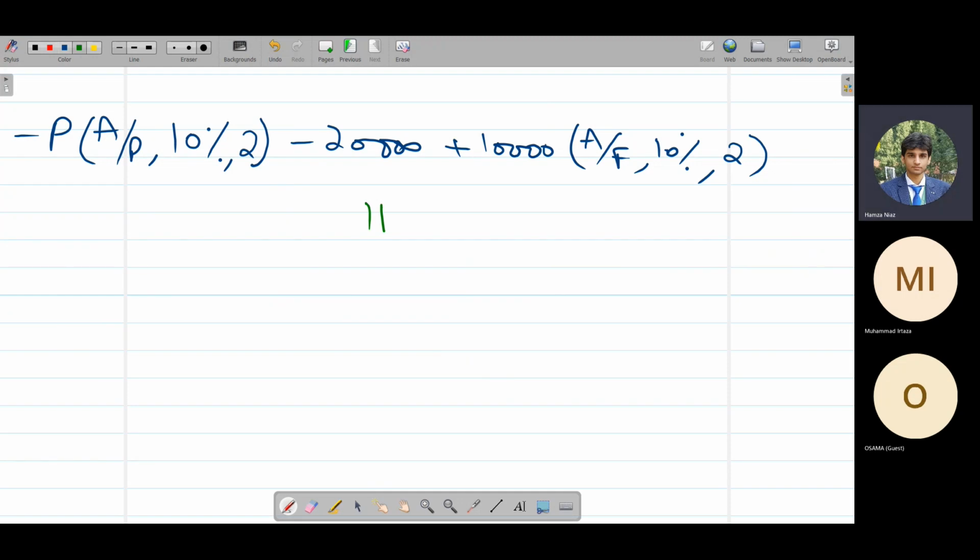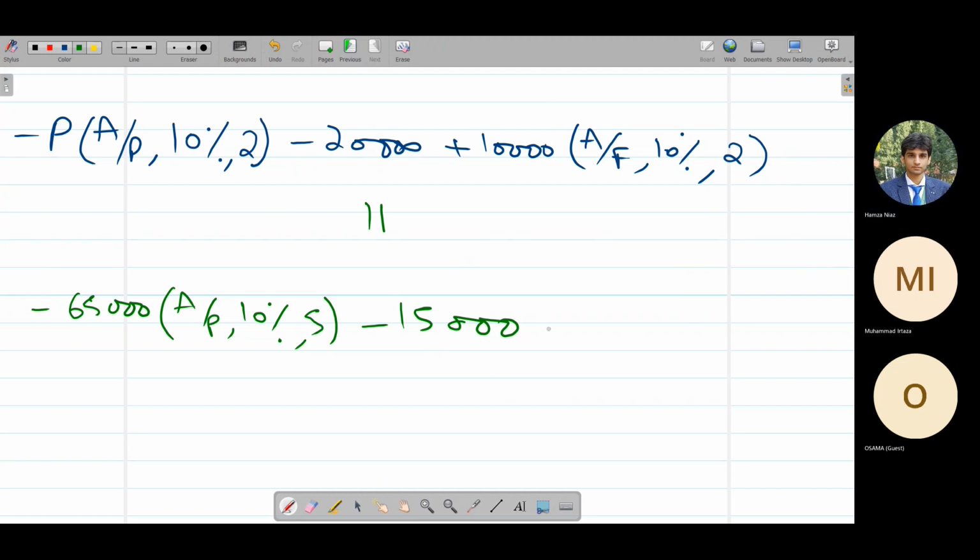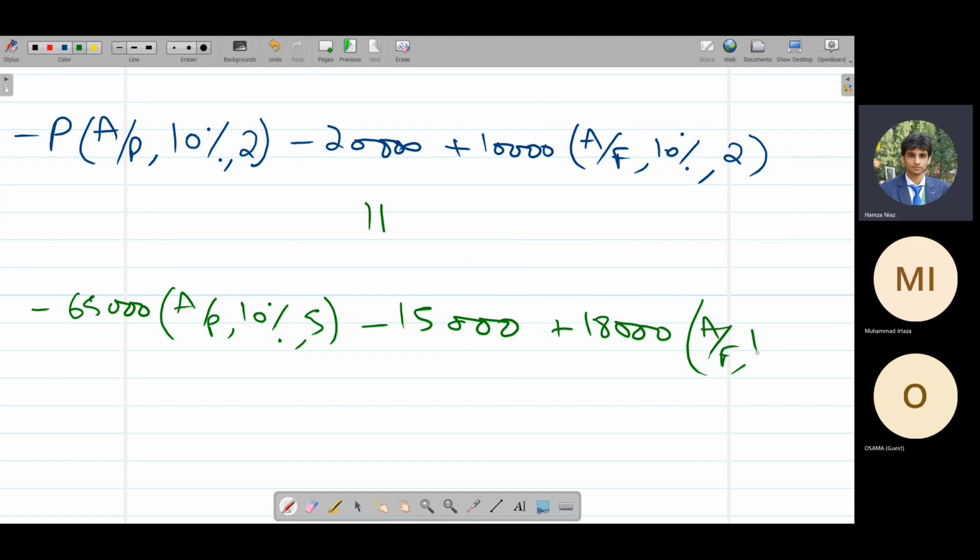So for the challenger, we have the current value as minus 65,000 times (A/P, 10%, 5). Again, the annual operating costs are minus 15,000, and the salvage value is plus 18,000 times (A/F, 10%, 5).